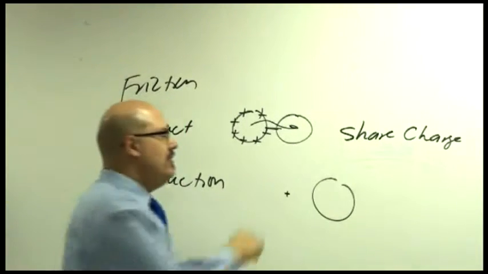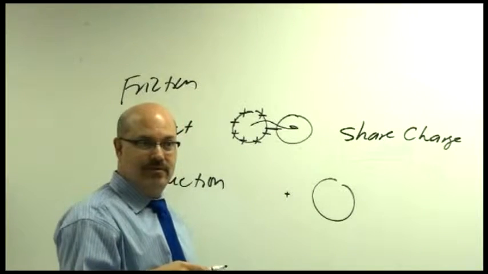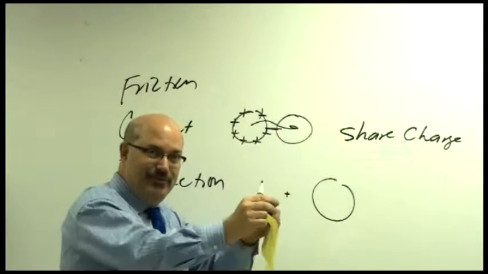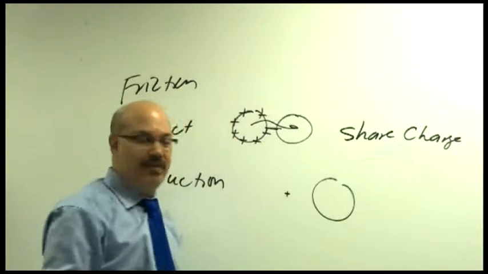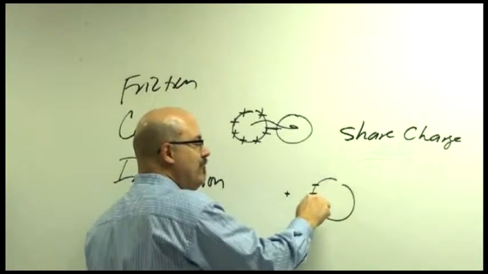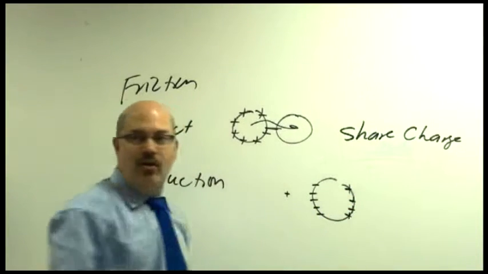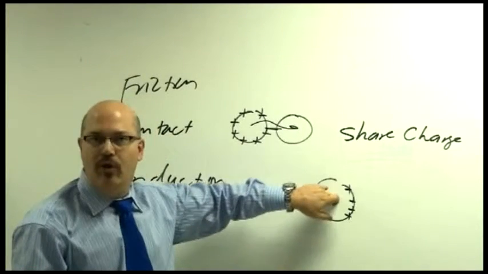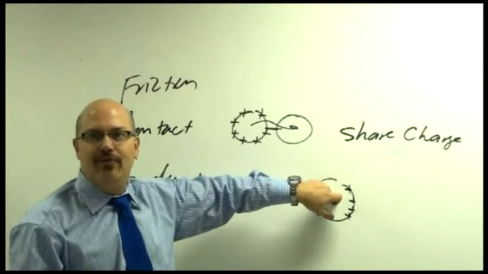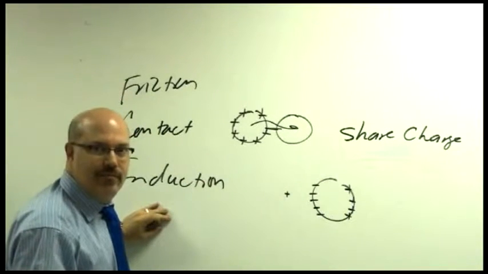When I bring a positive up next to this conductor, but don't touch it, close but don't touch, what does it do to this conductor? It polarizes it. Negatives move over here, leaving positives on this side. Okay, so step 1 is bring this close. Step 2, polarize.